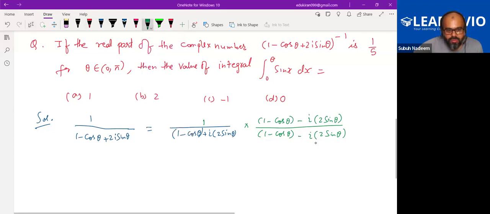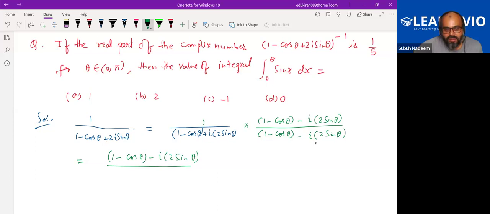So if you see here, this is (1 − cos θ − 2i sin θ) upon (1 − cos θ)² minus i² (2 sin θ)².